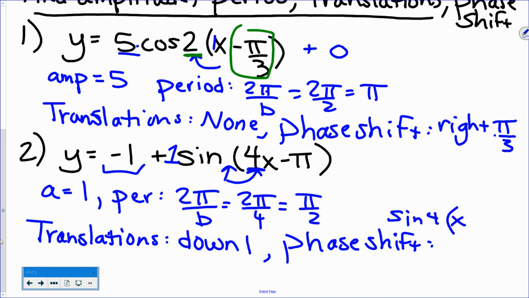So then I just have an x because I divided that 4x by 4. But now I need to take that minus pi and divide it by 4, since I factored the 4 out. So this minus pi is not my phase shift. The minus pi over 4 is my phase shift. So that minus means I move right, pi over 4.